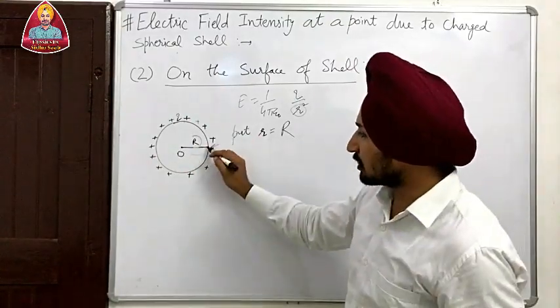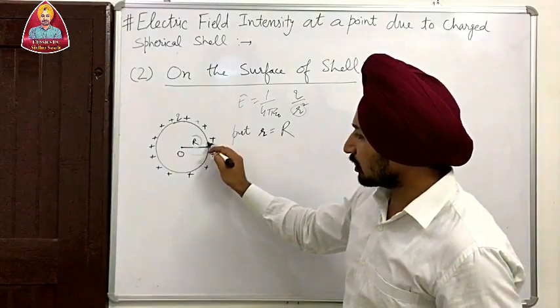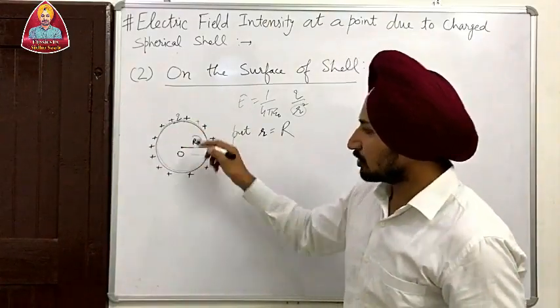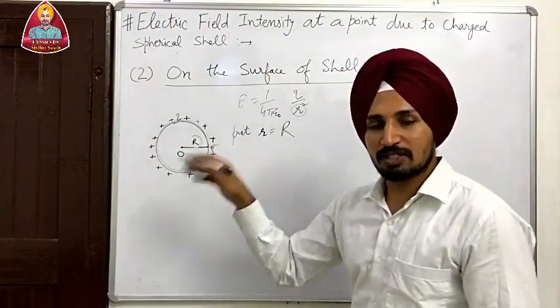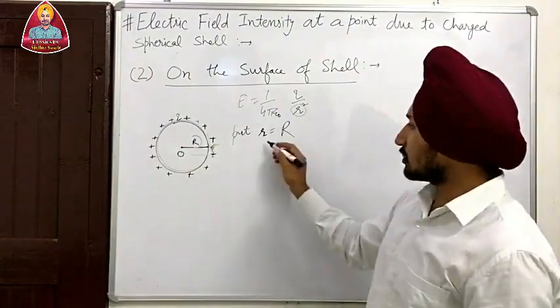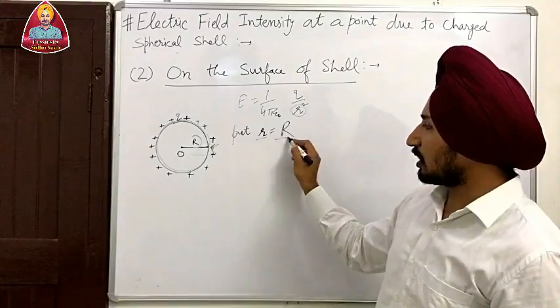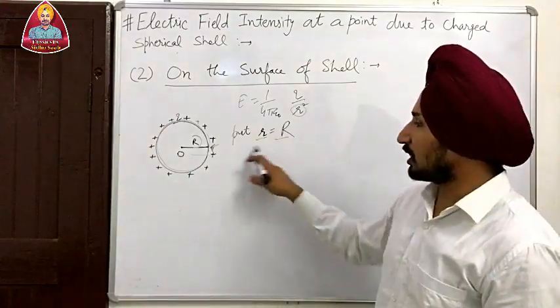The Gaussian surface we draw is also crossing the point P, so the Gaussian surface is also on our spherical shell.